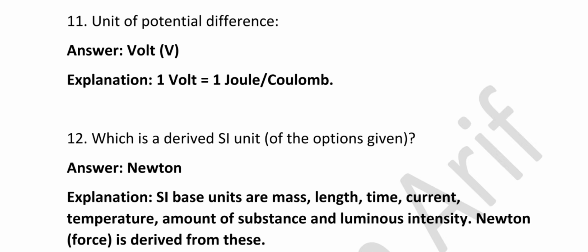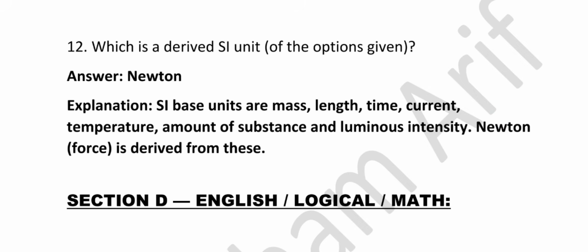Unit of potential difference is volt, and 1 volt is equal to 1 joule per coulomb, which is a derived SI unit. Correct answer is option Newton, because SI base units are mass, length, time, current, temperature, amount of substance and luminous intensity. Newton is derived from these, so it is a derived SI unit.